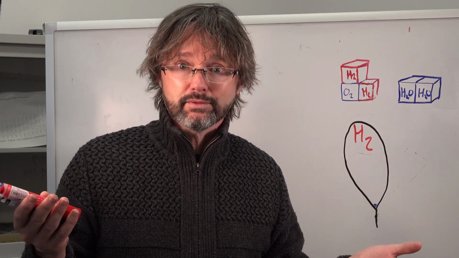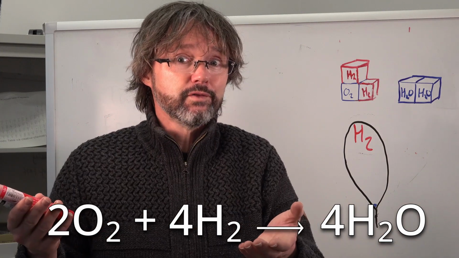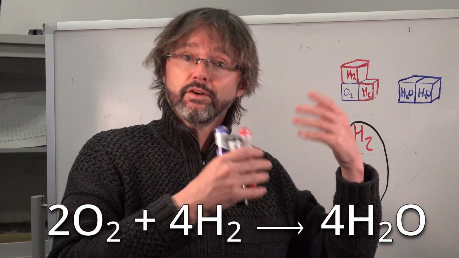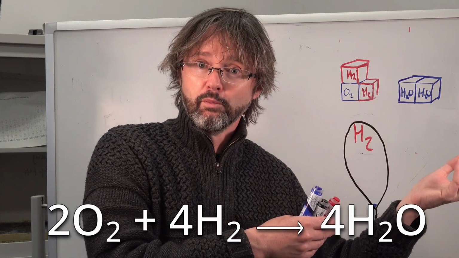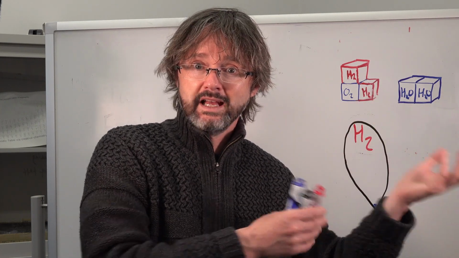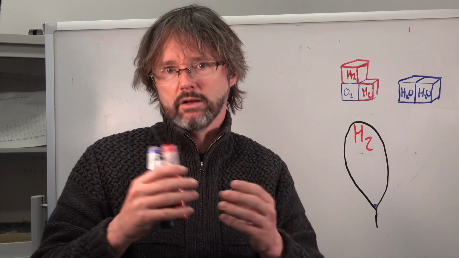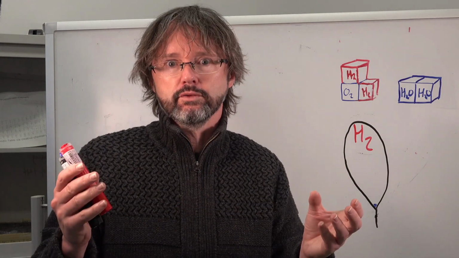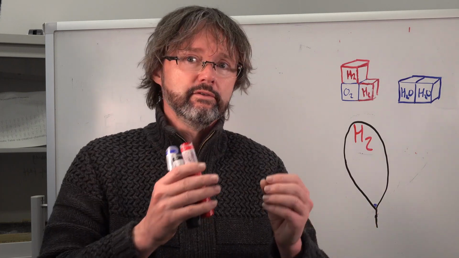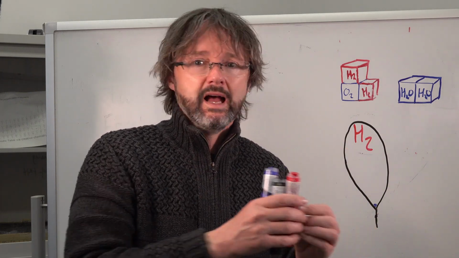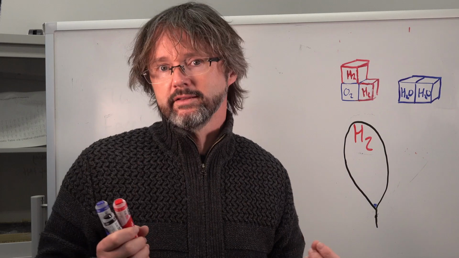Well, now we have 2 moles of oxygen reacts with 4 moles of hydrogen to give us 4 moles of water. And we can use this for any number or any volume. Okay, we can use it for half a mole, we can use it for 0.1 moles, and we can just multiply and divide.